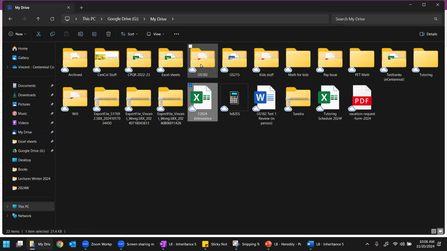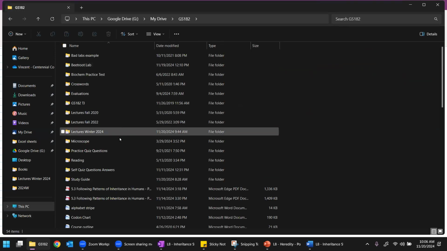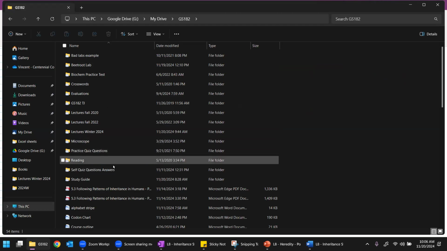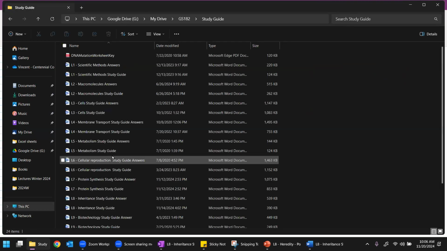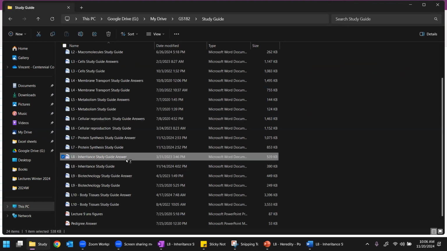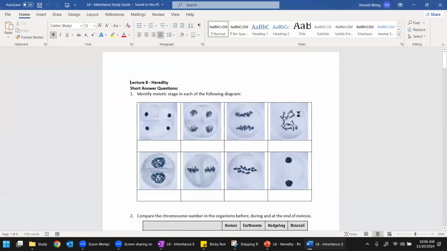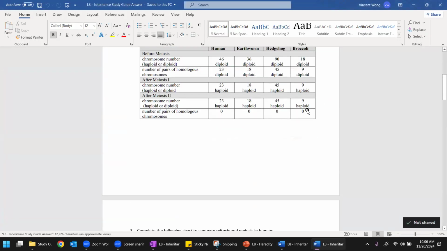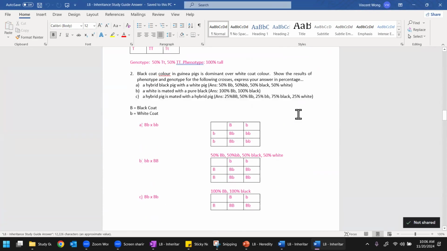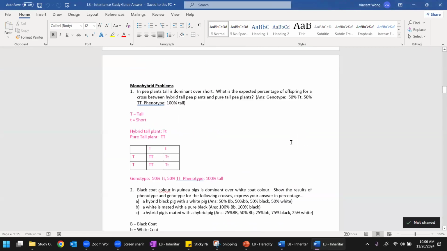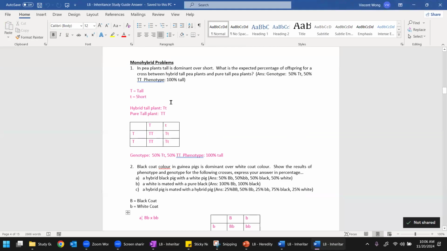I don't know. Hold on a second. Let me see if I have the study guide answers. Yeah, if you open the study guide answers, I worked it out for you. Okay, so you can check your Punnett square and things like that.